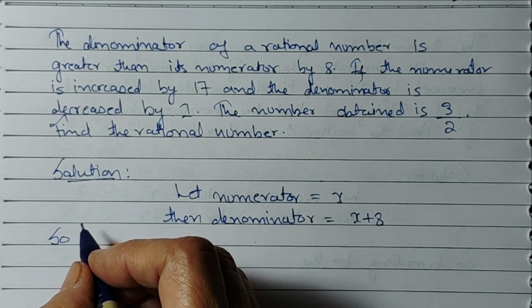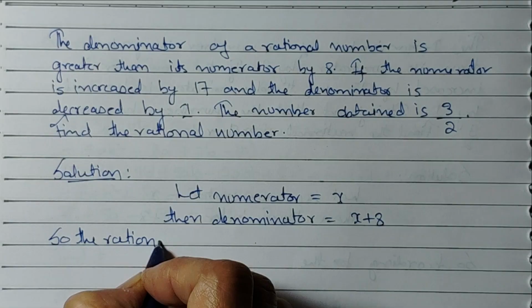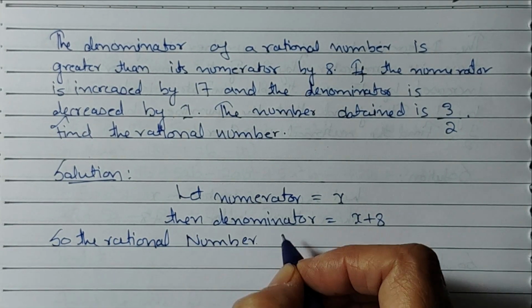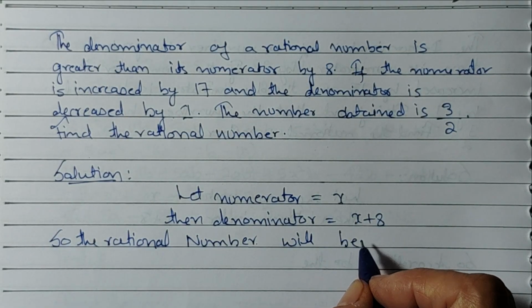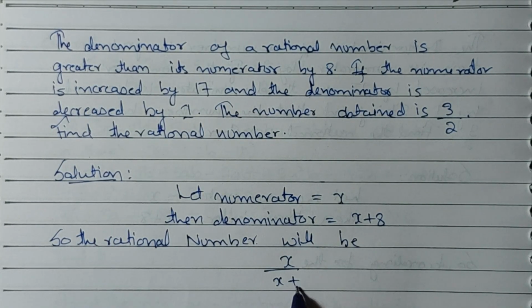So the rational number will be x over x plus 8.